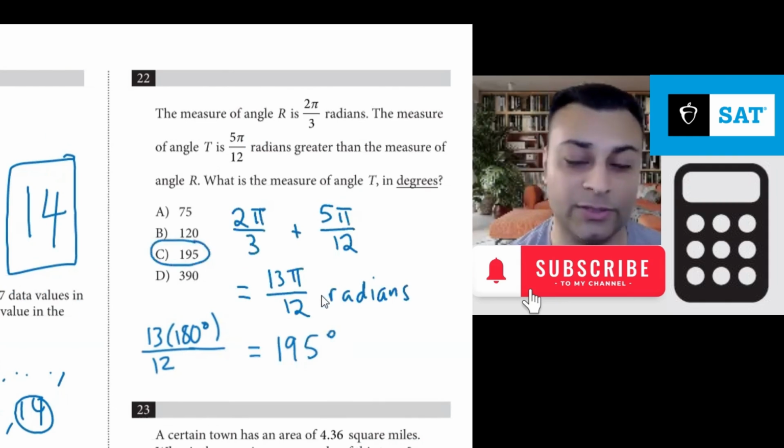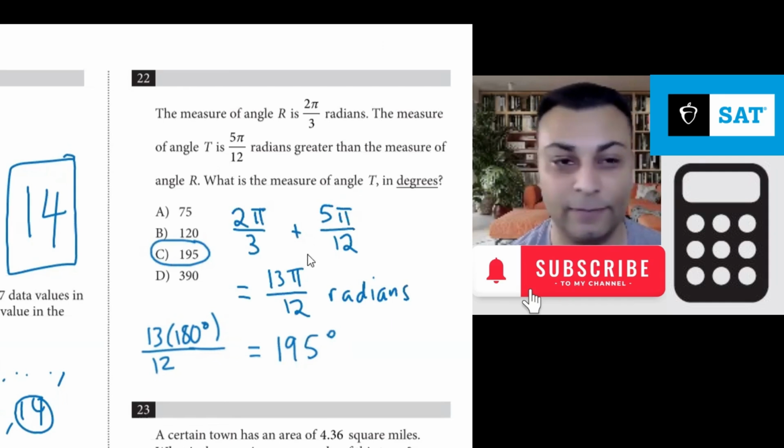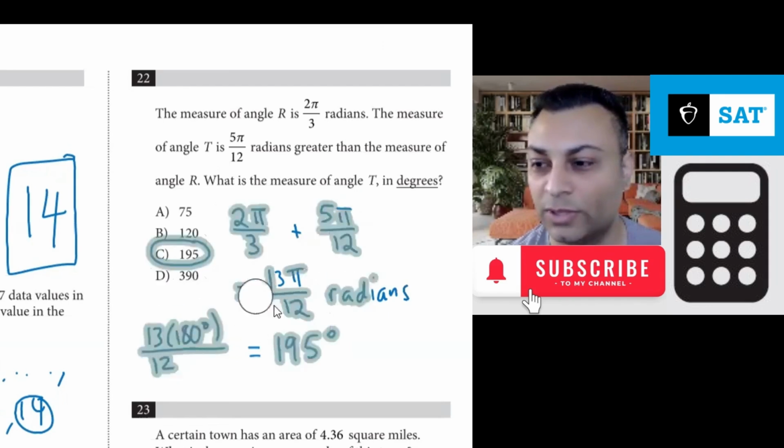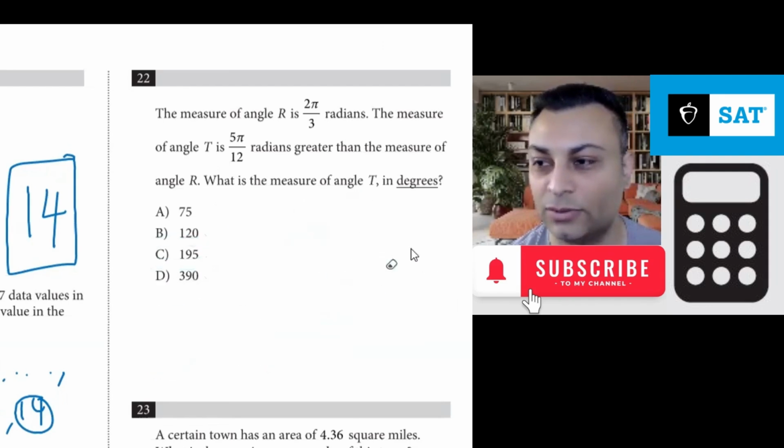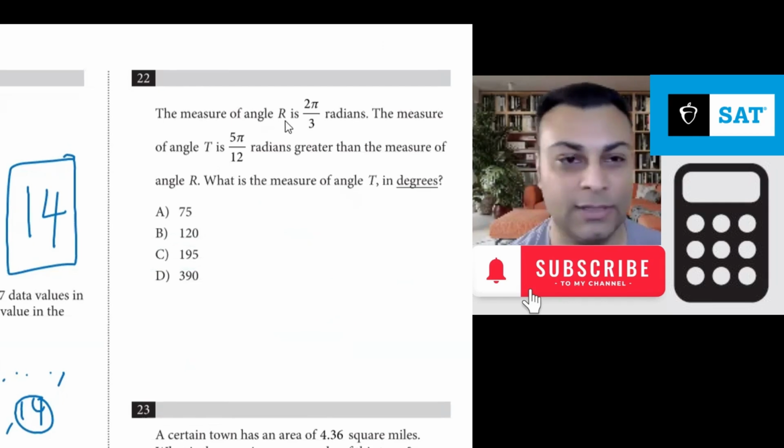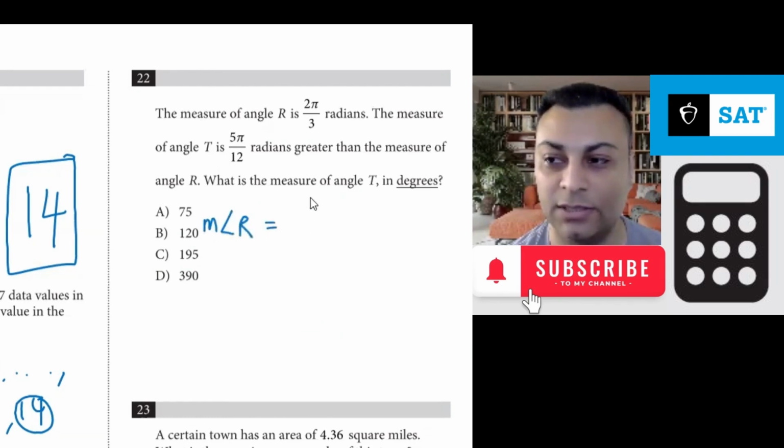And the other way to do this is to do everything in degrees from the very beginning. Let's go over that method. Okay. So angle R is 2π/3. And so the measure of angle R is, well, 2π/3, what I want to do is convert that to degrees. So it's 2π/3, and we saw that π is 180.